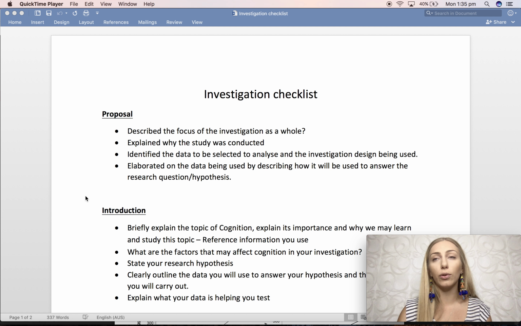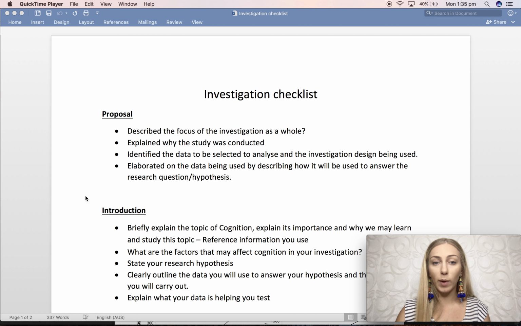Don't be too specific about the data that you'll be collecting, because you don't know the technicalities of the specific data that you'll be gaining within the investigation. So make sure that it is a general focus, not too specific.